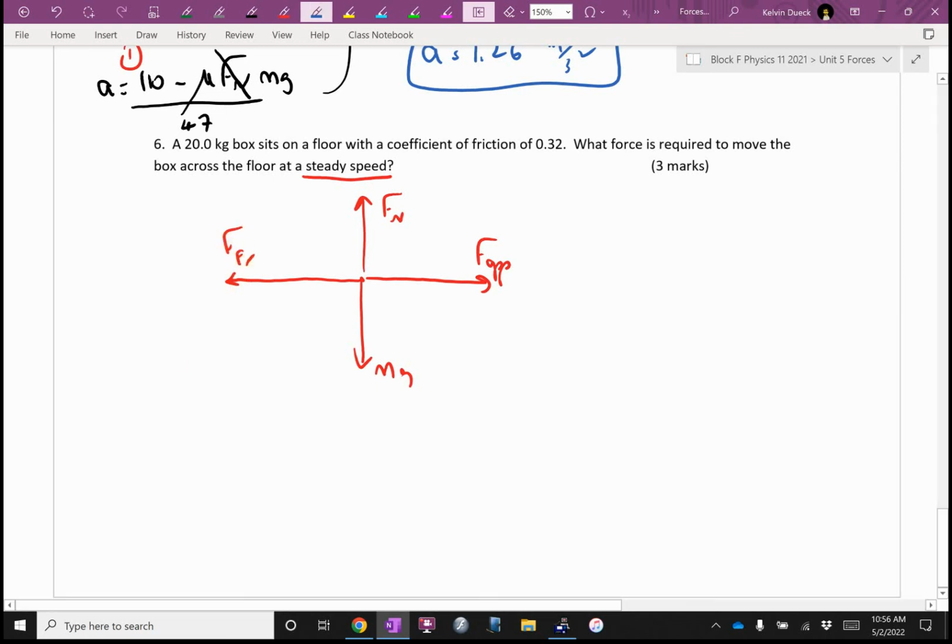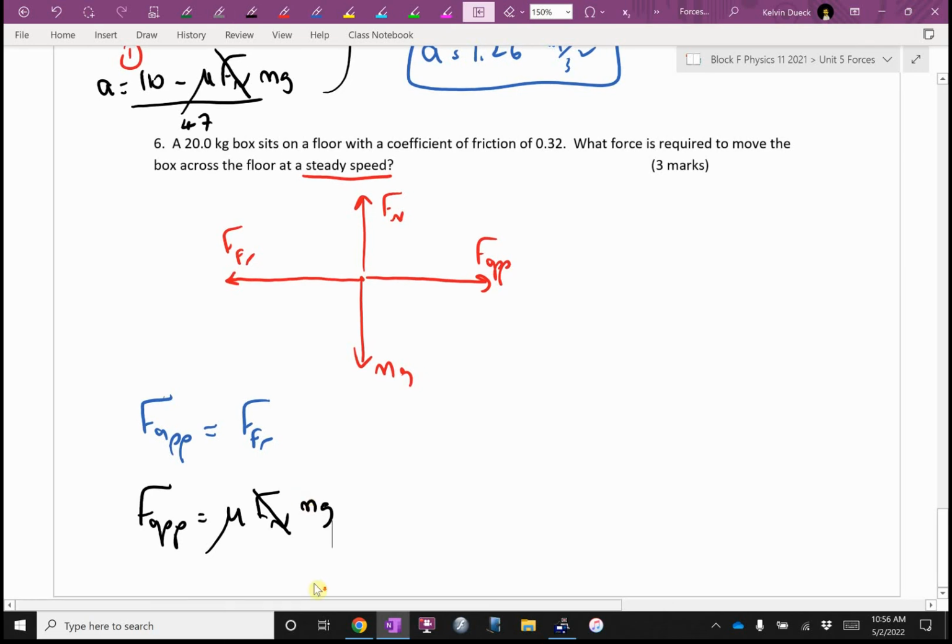So really what I can say instead of winner minus loser equals ma, it's a tie. I can just say, you know what? F applied equals friction. F applied equals mu times the normal force. I don't know the normal force. Oh, but look. I know the force is the same size as the normal force. I can say F applied is mu mg.